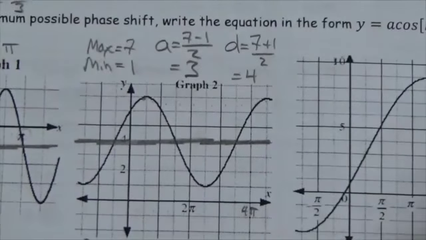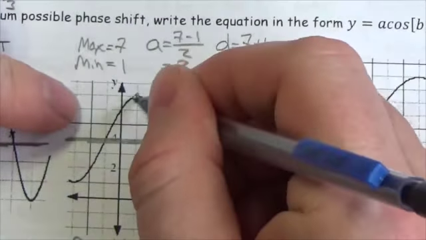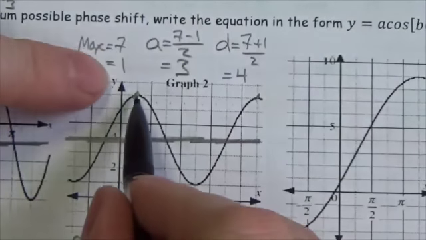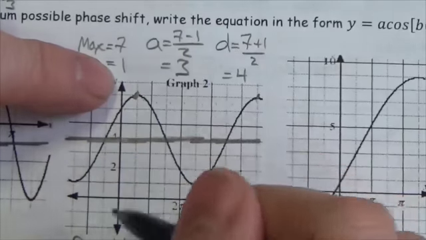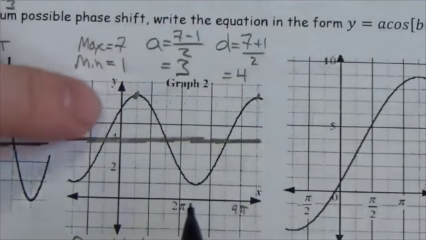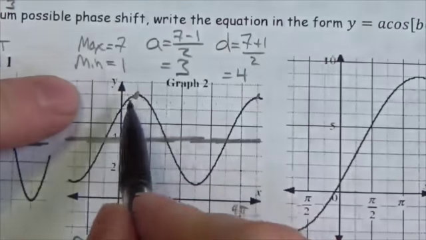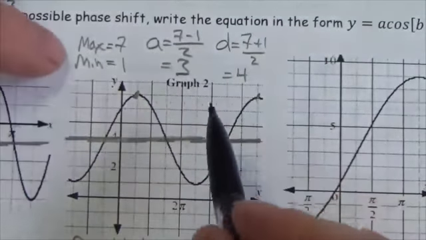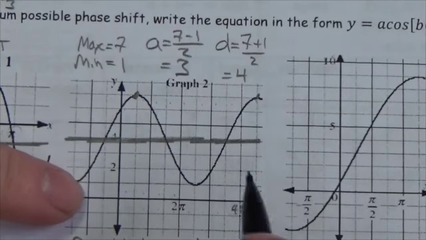My phase shift. Well, I know that cosine starts at its peak. This peak here is the closest to the y-axis, so that's going to give us the smallest phase shift. I just have to figure out what a block is. I know it's 1 block to the right. The whole graph should have started here. It's been shifted over. So how big is a block here? Well, 1, 2, 3, 4.